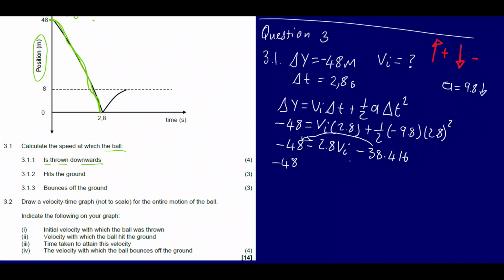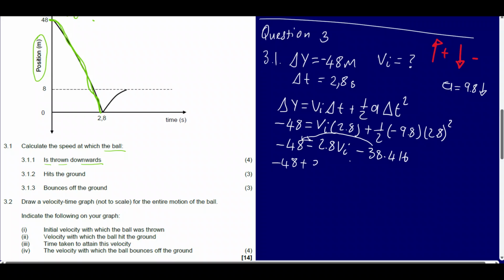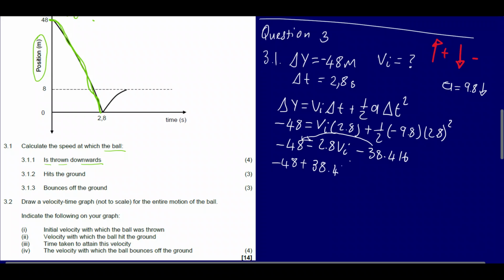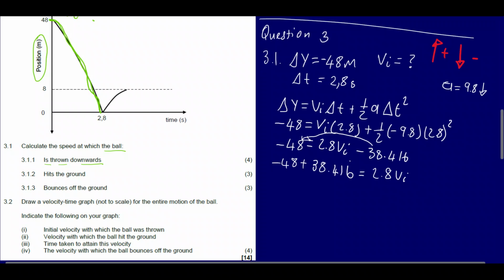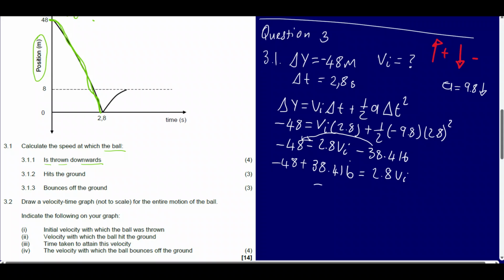So you are going to add those: negative 48 plus 38.416 equals 2.8 vi. So it's going to be negative 48 plus your answer, which gives you negative 9.584, and then 2.8 vi.